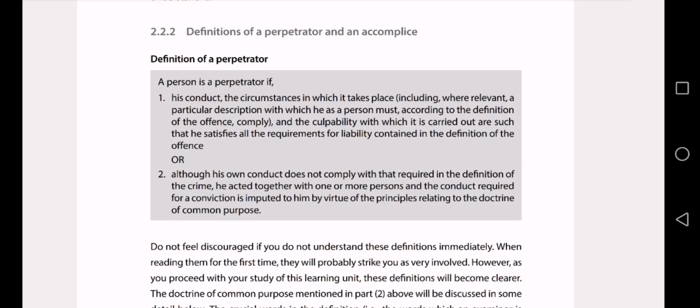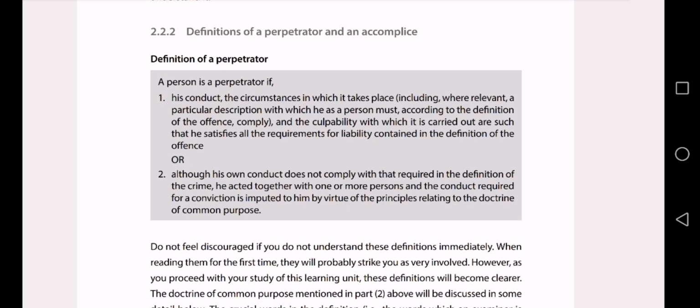Definition of perpetrator and an accomplice. Definition of perpetrator: the person is a perpetrator if his conduct, the circumstances in which it takes place, including, where relevant, a particular description with which he as a person must, according to the definition of the offense, comply, and capability with which it is carried out are such that he satisfies all the requirements for liability contained in the definition of the offense.